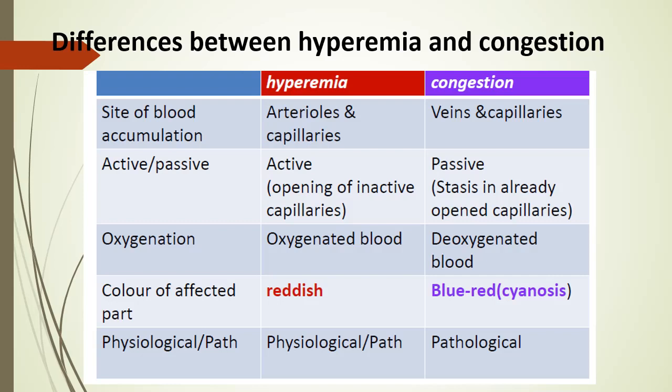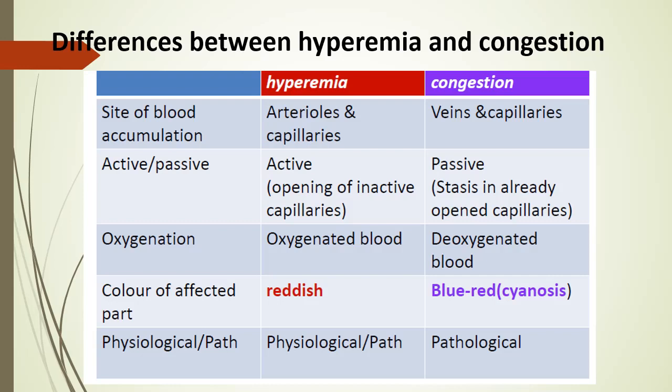In case of hyperemia, the blood is oxygenated, while in case of congestion, the blood is deoxygenated. So the affected tissue appears reddish in color due to engorgement with oxygenated blood.